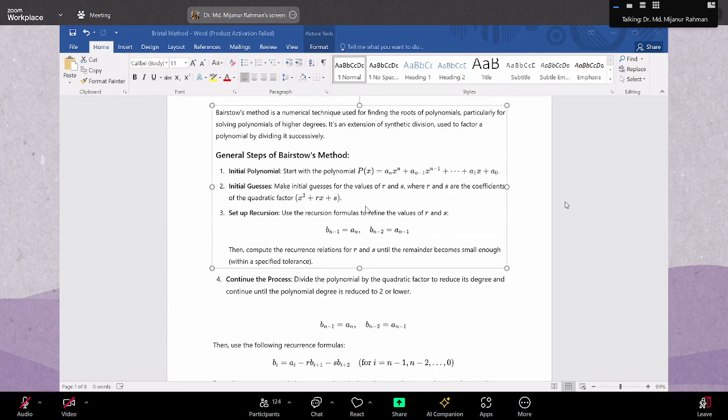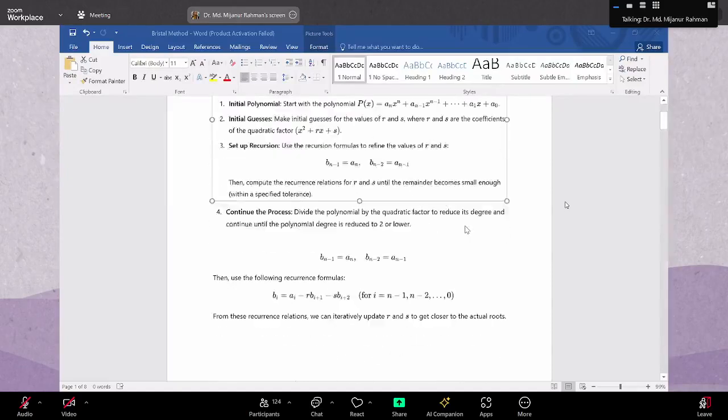The initial guess, already discussed in the previous class, the factor including r and s, we have to divide by this factor, which will be x square plus rx plus s. That means we have to consider the values of r and s. If we consider r and s, then we can write this second order equation, x square plus rx plus s.